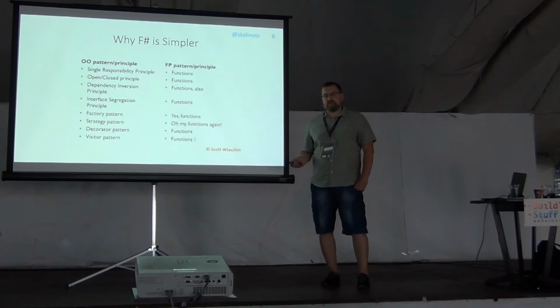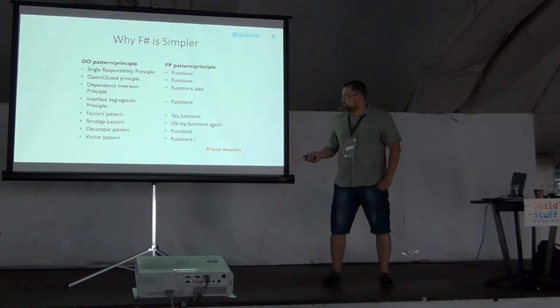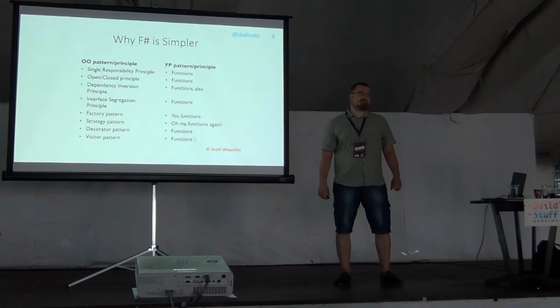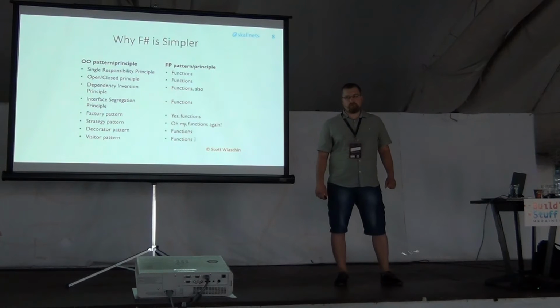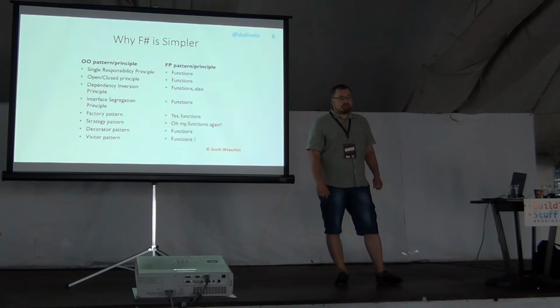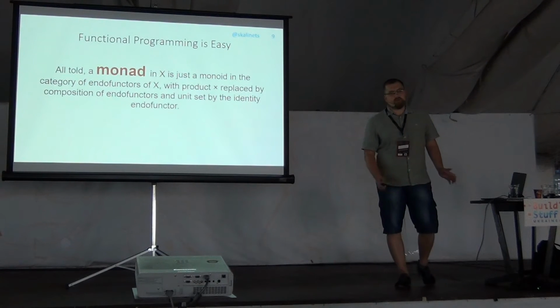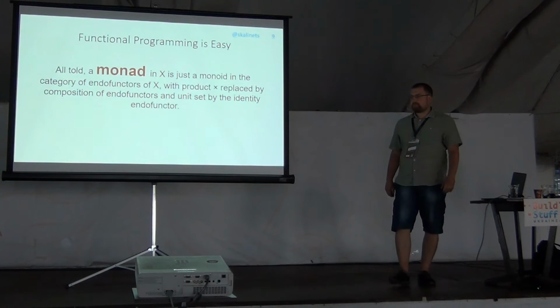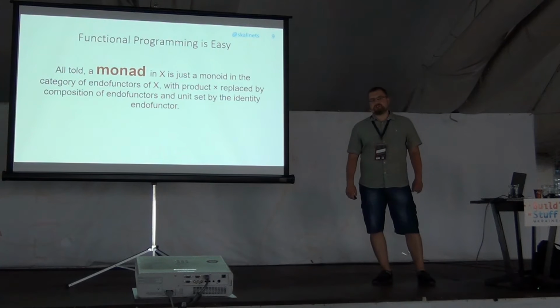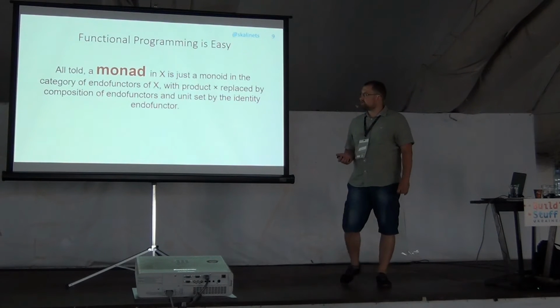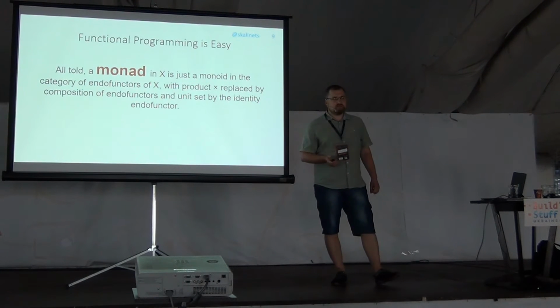This slide was taken from a great talk by Scott Wlaschin, the author of the beautiful site named F# for Fun and Profit. He basically says that in F# you need to know only functions, and that's all, and you will be a great programmer. However, he forgot to mention that in functional programming there are also other things, like monads, functors, and all that stuff.